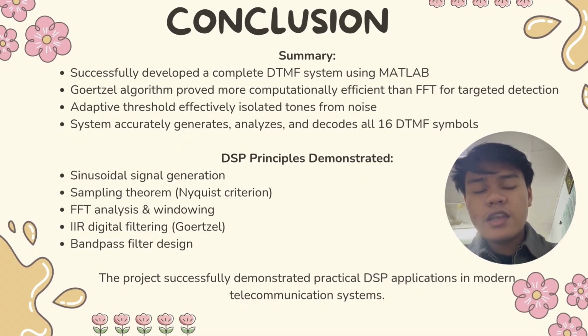We use an adaptive threshold, the sum of all magnitudes divided by 4, to remove noise and prevent talk-off. So this project successfully shows important DSP concepts like signal generation, FFT, filtering, and the Goertzel algorithm. Thank you.